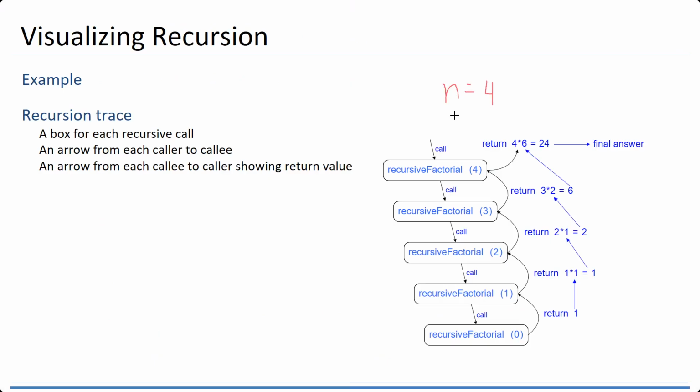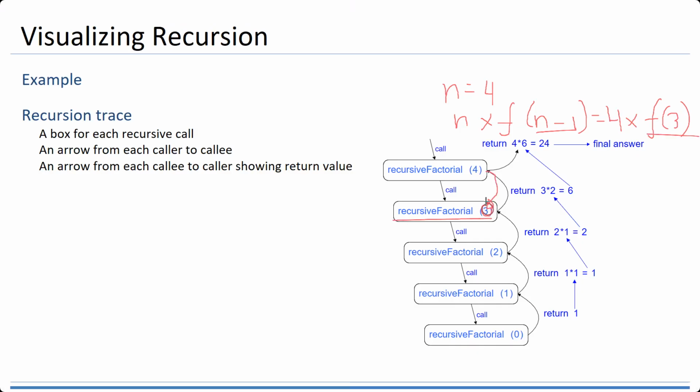Then we do n multiplied by f(n minus 1). n minus 1 is 3, so this is 4 multiplied by f(3). Then I am calling the recursive factorial 3.